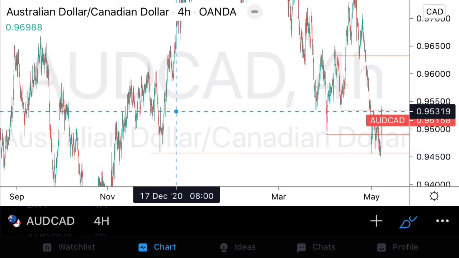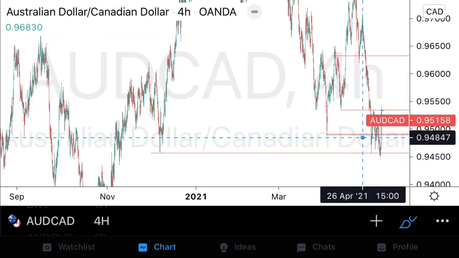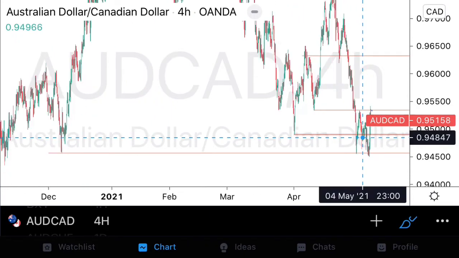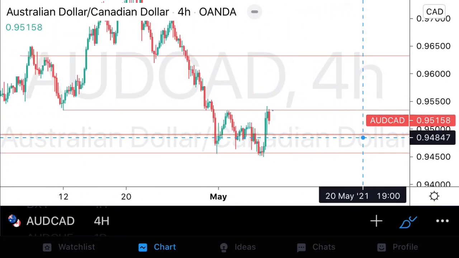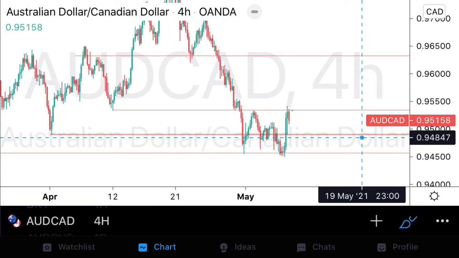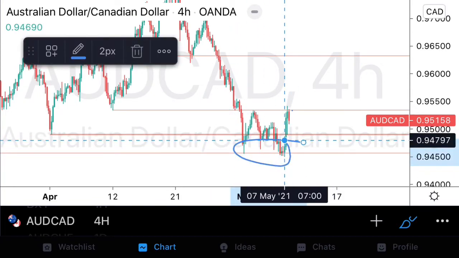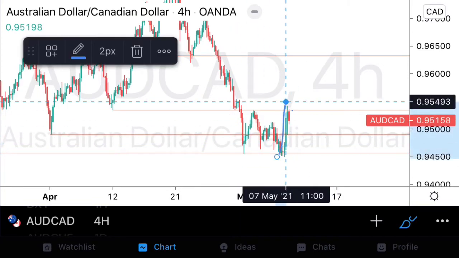From these areas here, those lows have been taken out to the downside. Very small push below those lows, but nonetheless it's still a violation of those lows, and the market still has created a lower low. So we've definitely seen prices breaking down and poking below structure and then breaking back above structure.